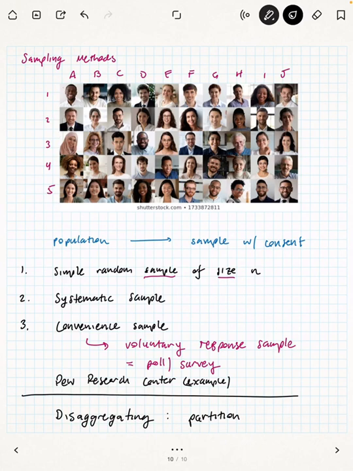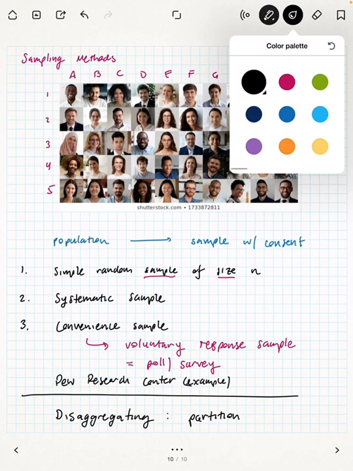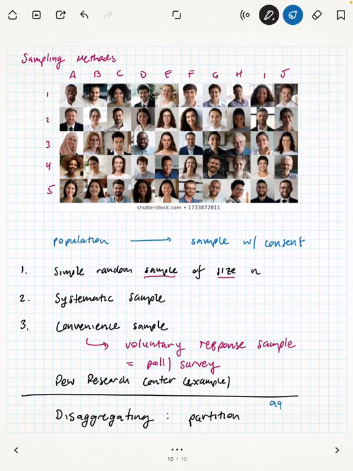Popular factors when we're dealing with a population include age, so age bracket, gender expression, more like it, racial identity, right?